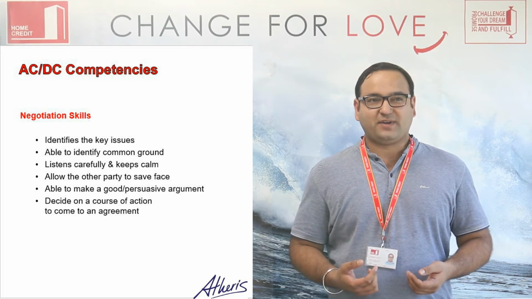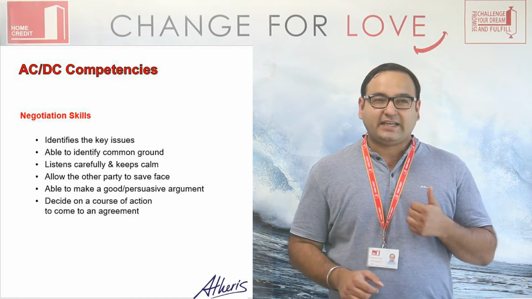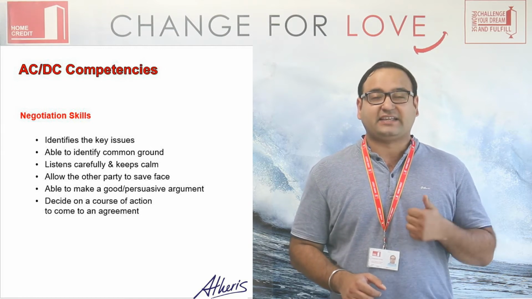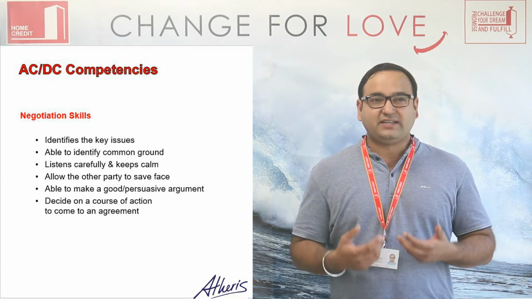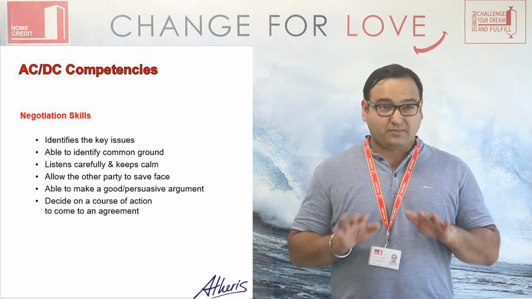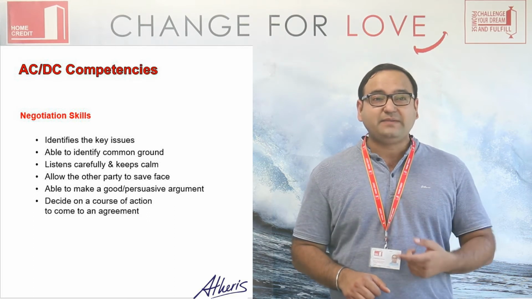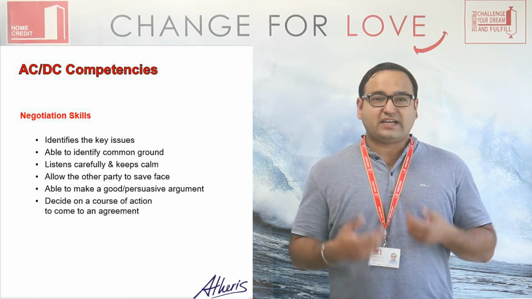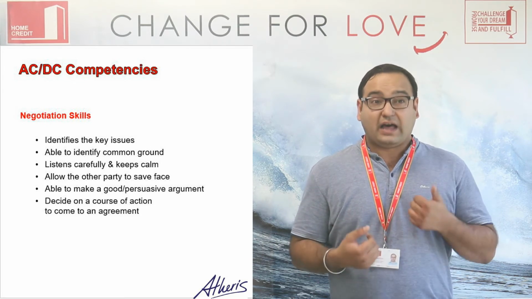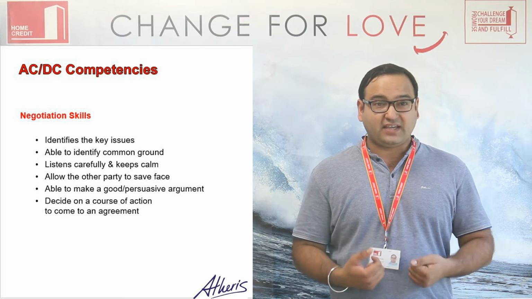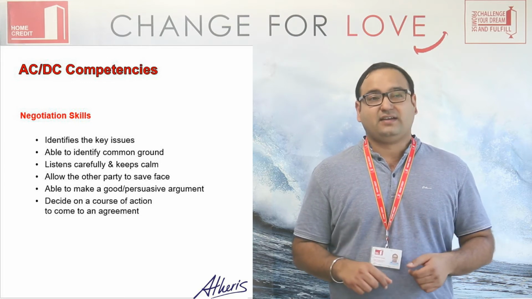Let's talk about competency number 3, negotiation skills. He identifies the key issue about the negotiation, is able to identify areas for common ground, listens carefully and keeps calm, uses assertive rather than aggressive behavior, and allows the other party to save face if necessary via small concessions.